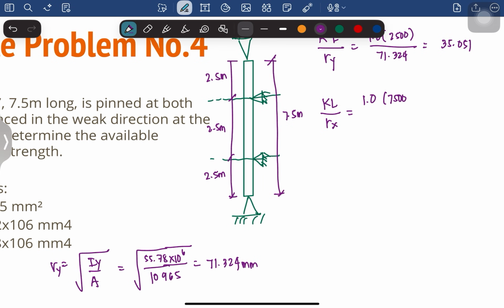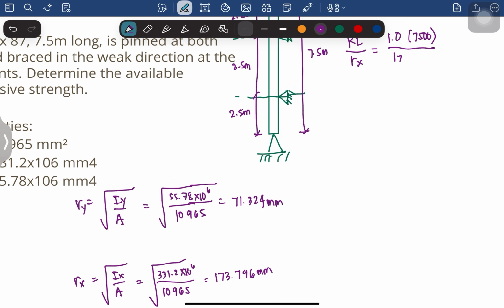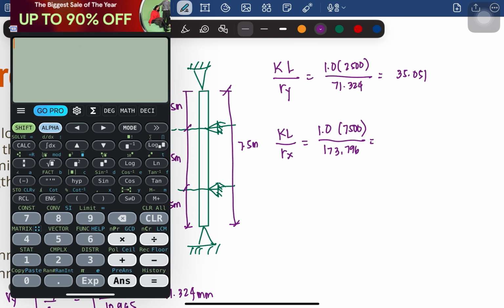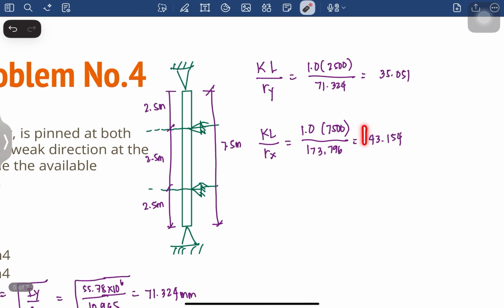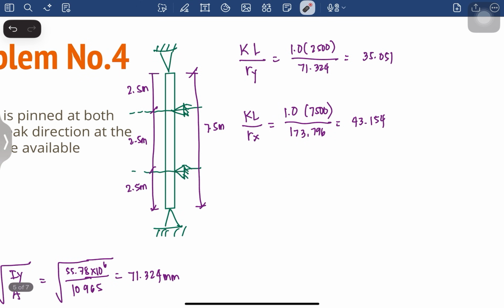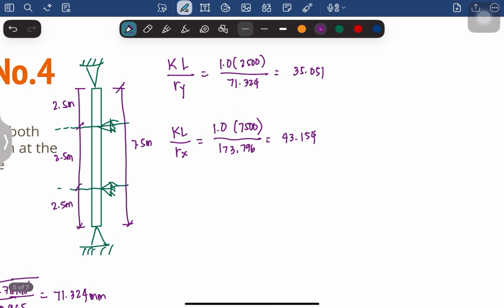So, 7,500 over yung Rx natin na 173.796, equals to 43.14. So, lumabas, class, na mas mataas itong slenderness ratio kung saan yung Rx ang nag-govern, no? Ito yung gagamitin natin. So, use this.